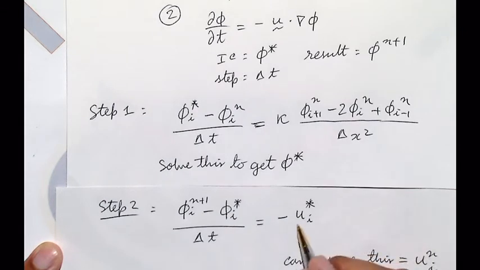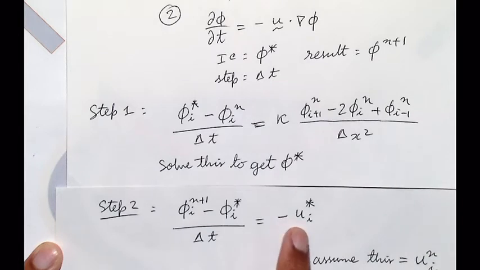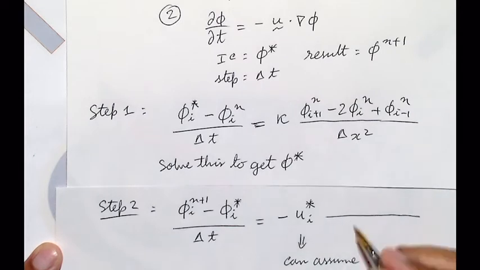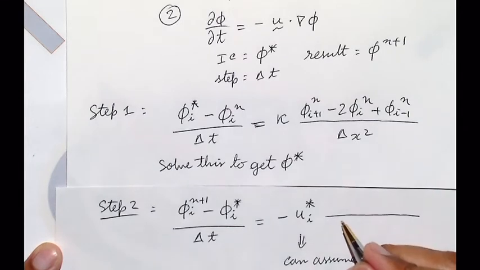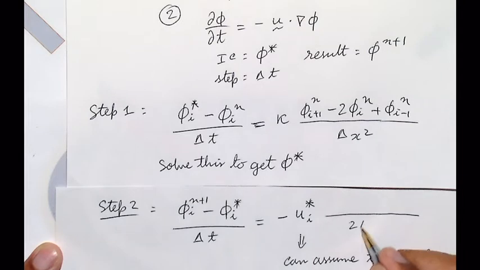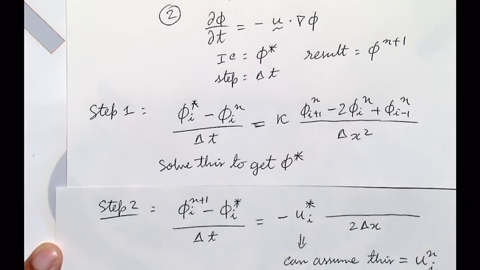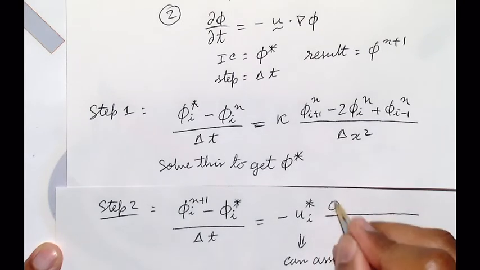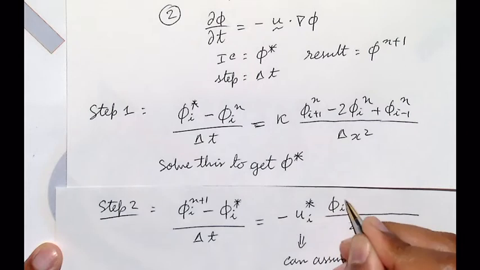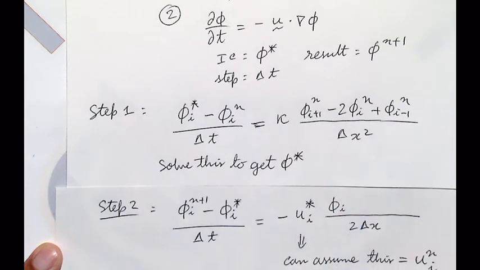We're doing this for 1D, otherwise you would have multiple components. Over 2Δx on the bottom, and then on the top it's φ_i^n.